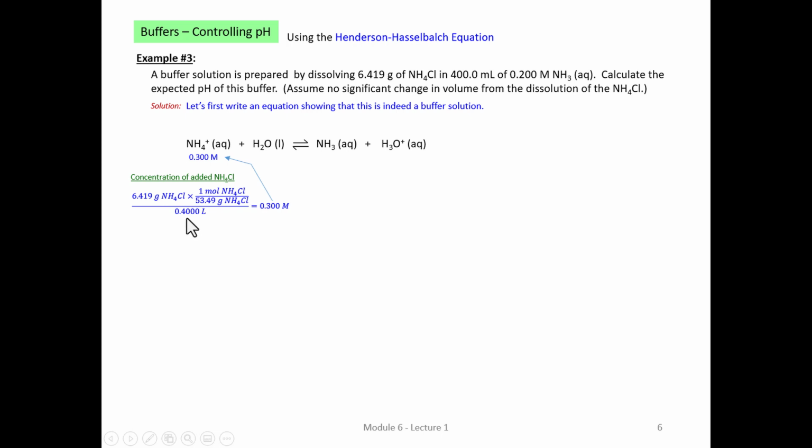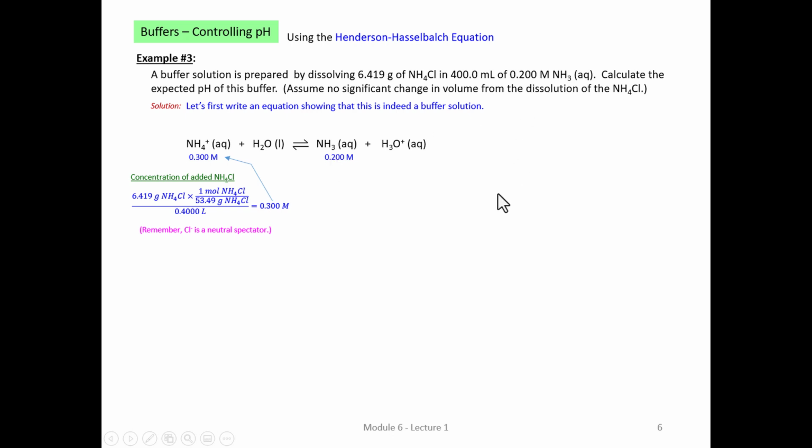Now remember, chloride is a neutral spectator. Chloride is the conjugate base of the strong acid HCl, and it's neutral in solution. So here the anion chloride is just a spectator, and our source of ammonium ion is ammonium chloride. We also know that ammonia is present at 0.2 molar concentration.